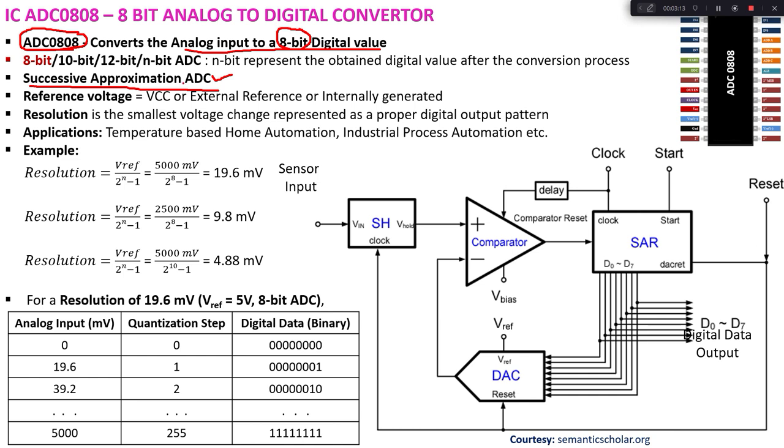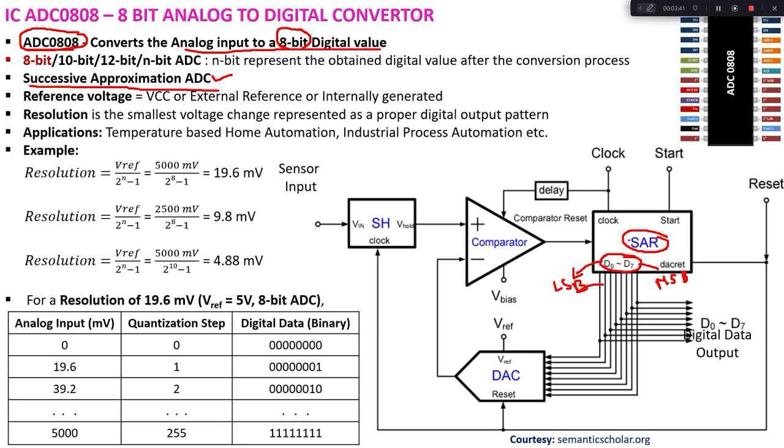In this successive approximation ADC, we have a register called the successive approximation register, which holds the digital data. Since my output is going to be an 8-bit result, we have 8 bits of information here, D0 to D7. D0 represents the LSB, the least significant bit, and D7 represents the MSB, the most significant bit.